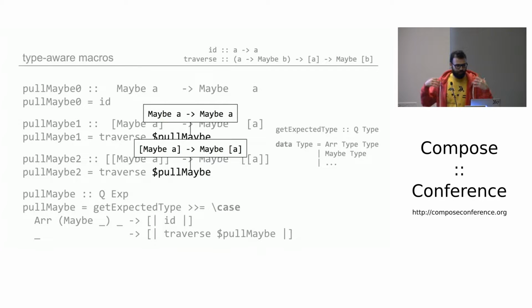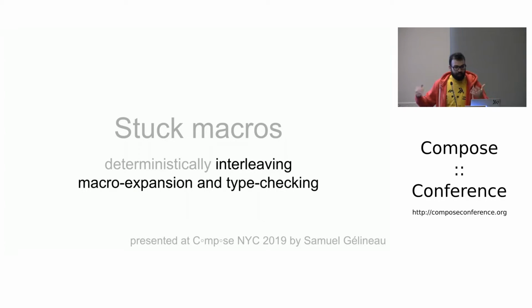So I've just used the macro expansion to expand the macro into some code, and then I did some type checking in order to figure out the type of those recursive positions, and I'll keep interleaving between those two things until I have type checked all of the code, including all of the generated code, and until I have expanded all of the macros. And I can't do all of the macro expansions first because I need to know the types of those call sites in order to have a value that is returned by getExpectedType.